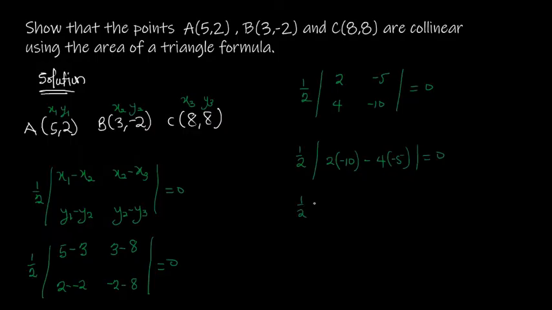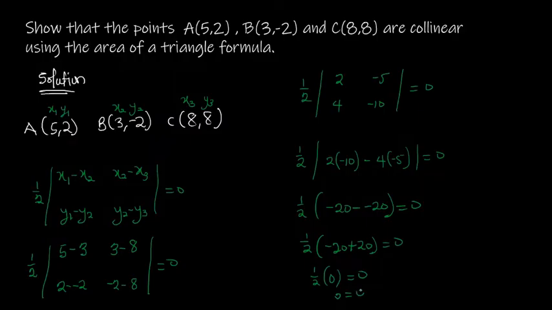So I have here half, and in the bracket 2 multiplied by negative 10 will give me negative 20 minus 4 multiplied by negative 5 will give me negative 20. So I have here half multiplied by negative 20, negative negative becomes positive 20. So this is half multiplied by 0 is equal to 0, and so 0 is equal to 0.